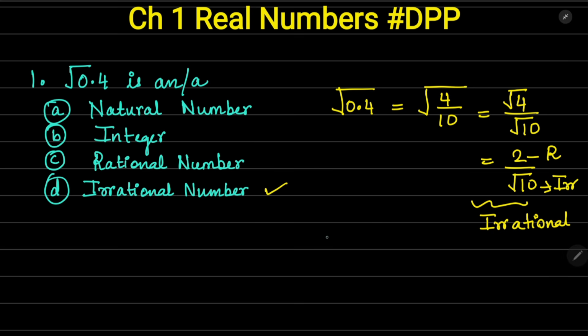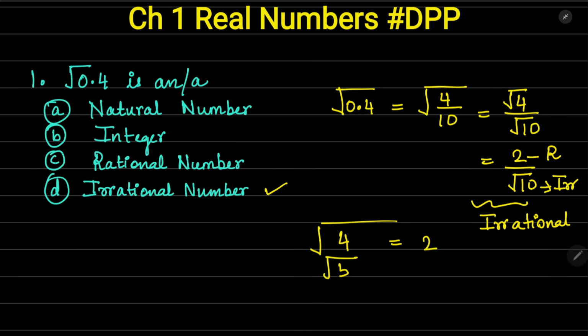Always remember, whenever you have a square root of a number which is not a perfect square, for example, if you take square root of 4, 4 is a perfect square, it's the square of 2, isn't it? 2 square is 4, so square root of 4 will be 2.